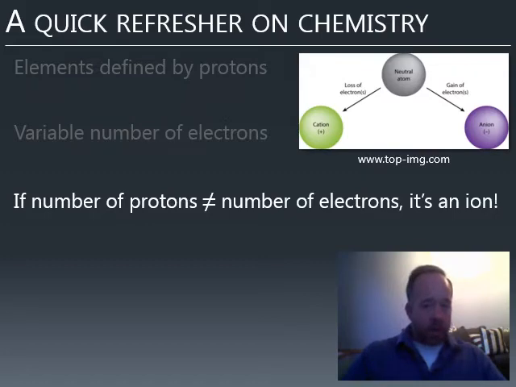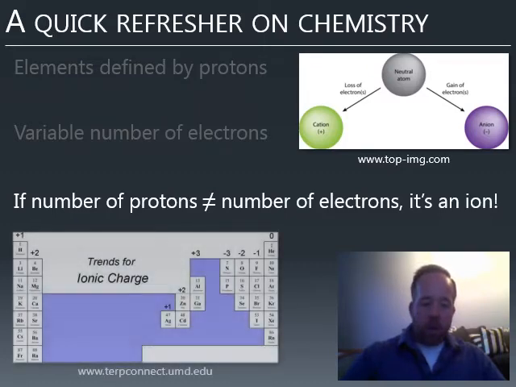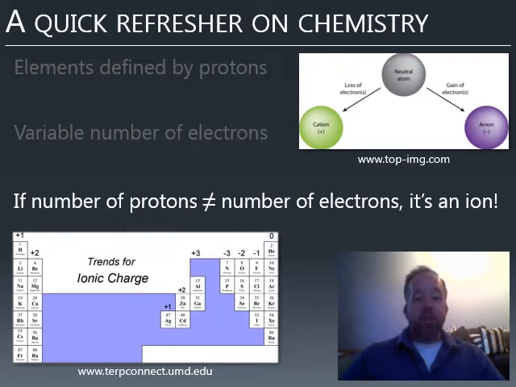If it loses electrons until it has fewer electrons than protons, then it becomes positive. And depending on what element you're talking about, there's a tendency for it to have a positive or a negative charge. We'll talk about which ions are important for today, but in essence, that's all an ion is. It's an atom that has either fewer or more electrons than it has protons. So it has a charge to it.